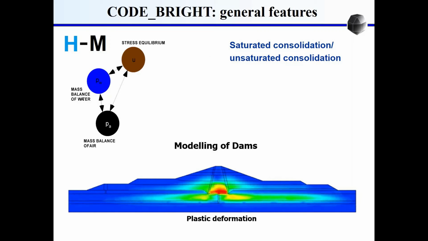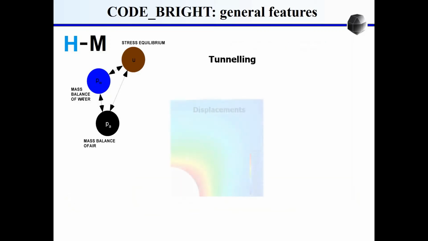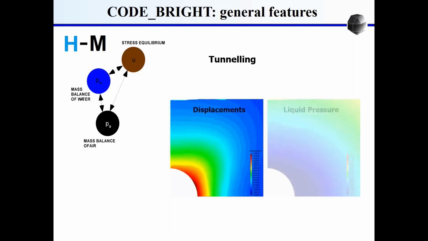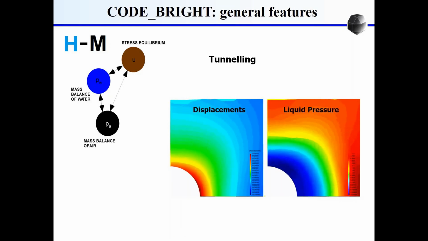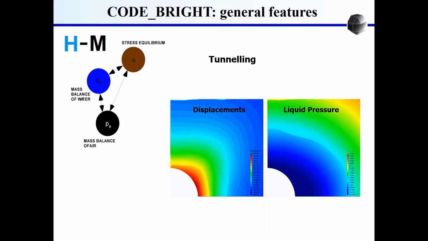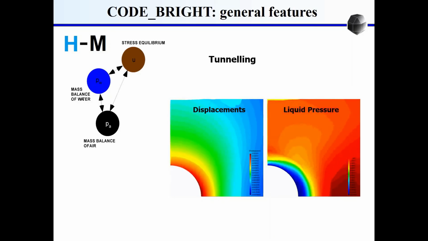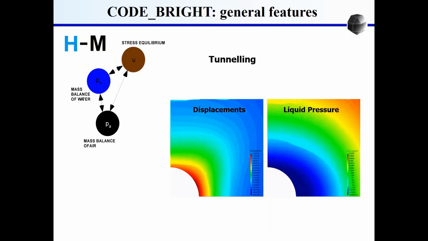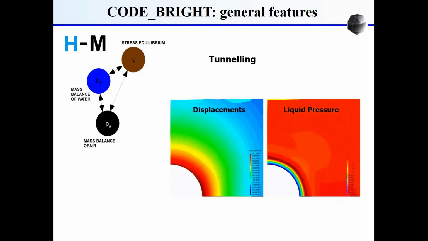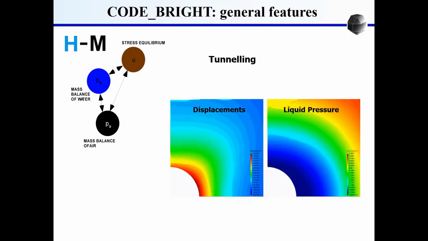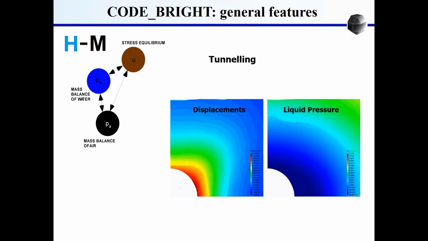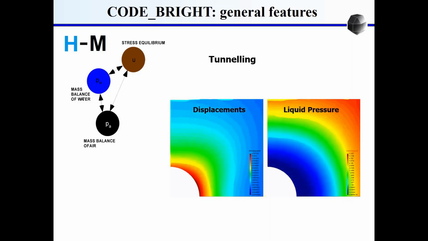Okay, or tunneling, for example. We can simulate a tunnel excavation, and we can see how displacements evolve, and also if the problem is hydromechanical, how liquid pressure or pore pressure evolves during the excavation of the tunnel.